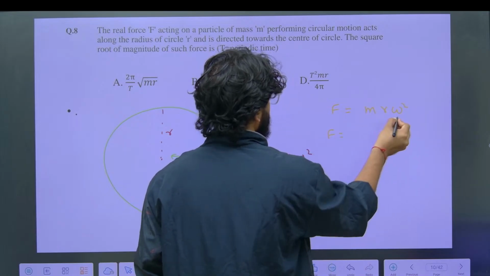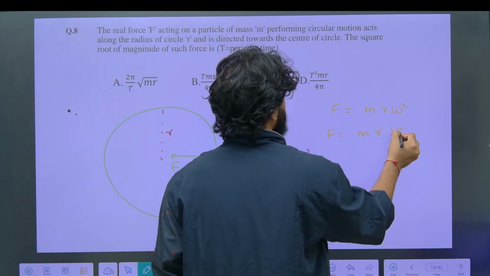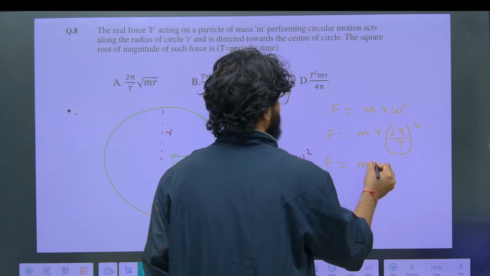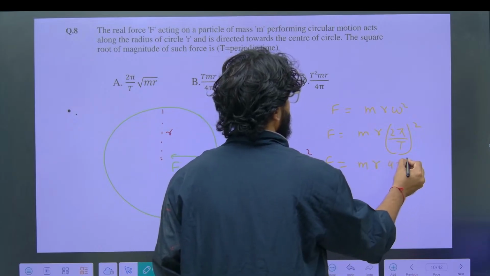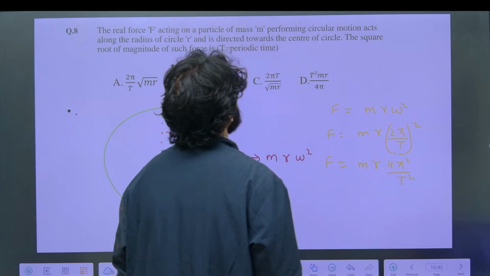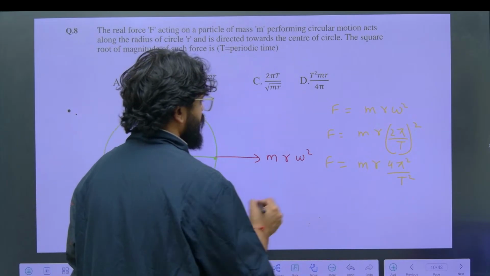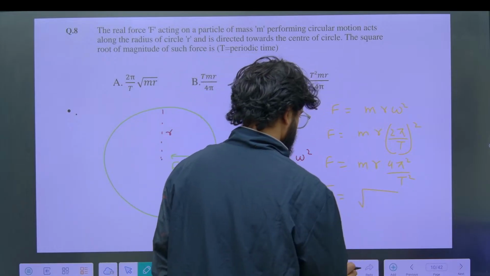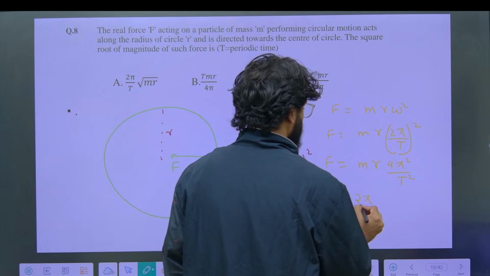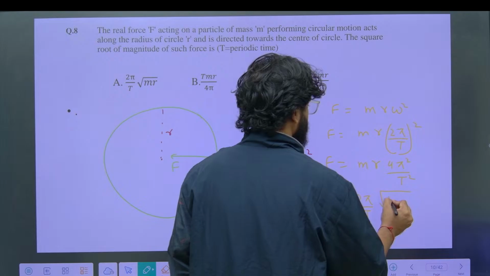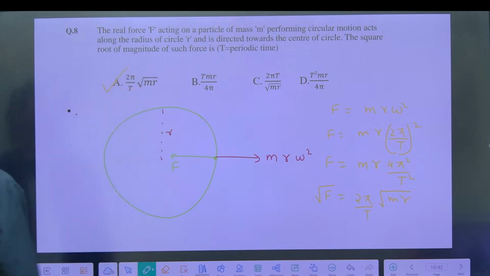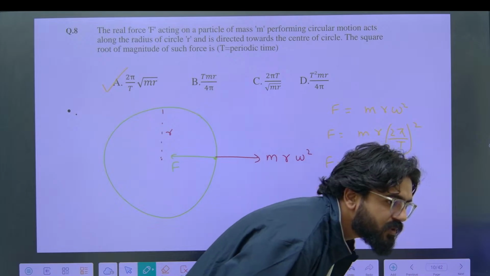We can convert it into time period by writing omega as 2 pi by T, squared. So F will be m r 4 pi square by T square. If we take the root of this force, the 2 pi and T will come out, something like this. So the correct answer over here should be Agra, correct.